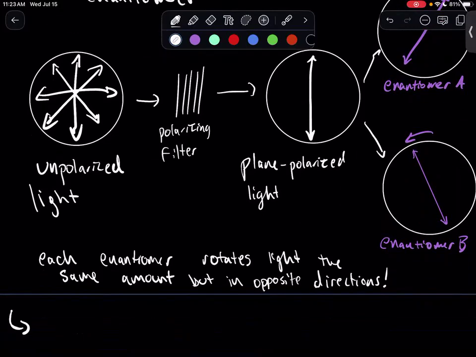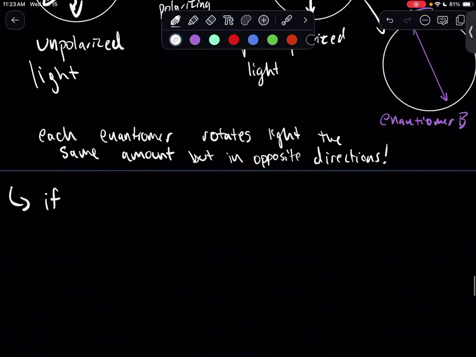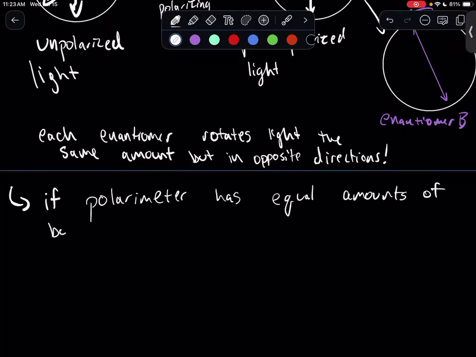Now, the crazy thing is that if the polarimeter has equal amounts of both enantiomers, well, one's trying to rotate one way, one's trying to rotate the other way, and they're both doing it the same amount, then there is no rotation.